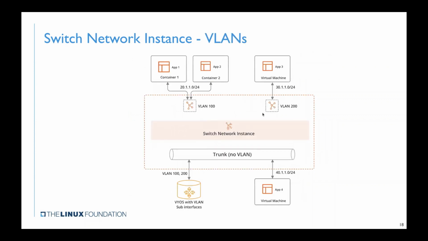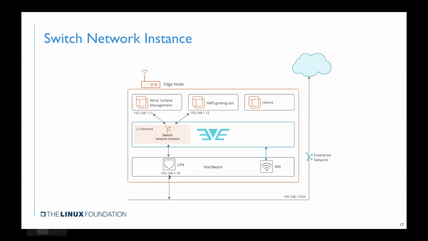Yeah, and the switch network instances support VLANs. So let's say that on this physical network there are already some VLANs to partition the broadcast domain and basically create multiple networks, but virtually.